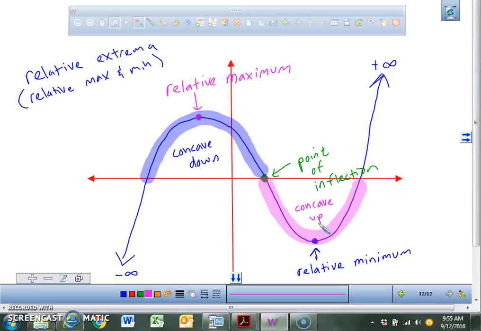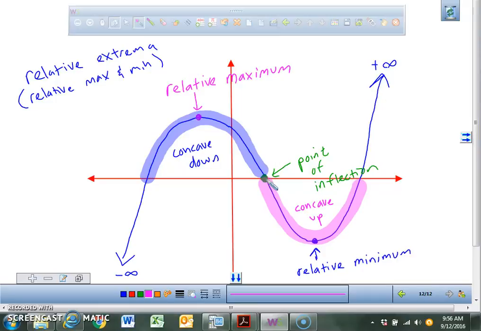Now, concave down and concave up. If you're thinking about it, where the graph turns from concave down and starts turning to concave up, that's where we get this idea of the point of inflection. It's the changing of the curves.